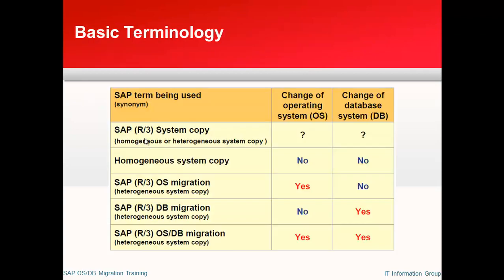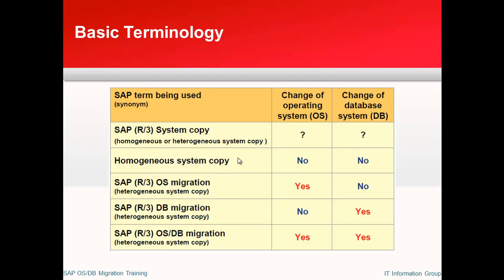Now in this particular slide I am giving you a quick overview of when we call a particular migration an OS/DB migration. Say, for example, an SAP R/3 system copy could be homogeneous or heterogeneous. In a homogeneous system copy, we are not changing the OS, we are not changing the database.